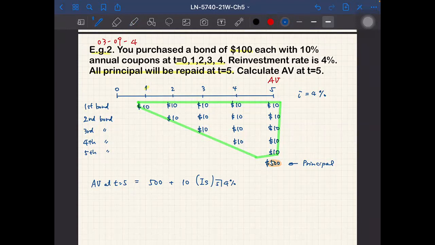Now we can calculate this: 500 plus, we use the increasing annuity formula.